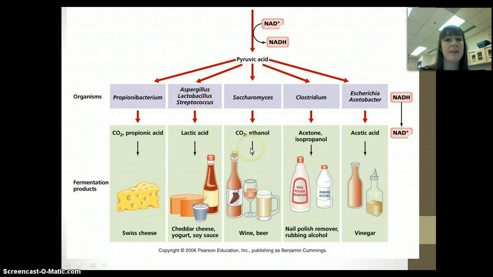We also create ethanol. Ethanol is alcohol. And so wine, beer, those are just created by putting some yeast that do that process in an area with no air, with no oxygen. And then as they go through that process, CO2 and ethanol are created. So not only is this process good for creating more energy, it's also good for creating foods.